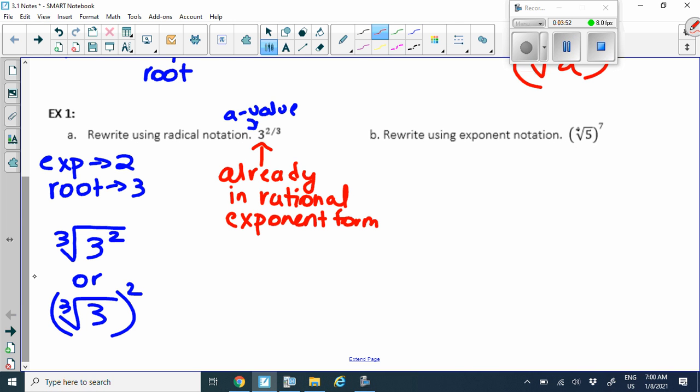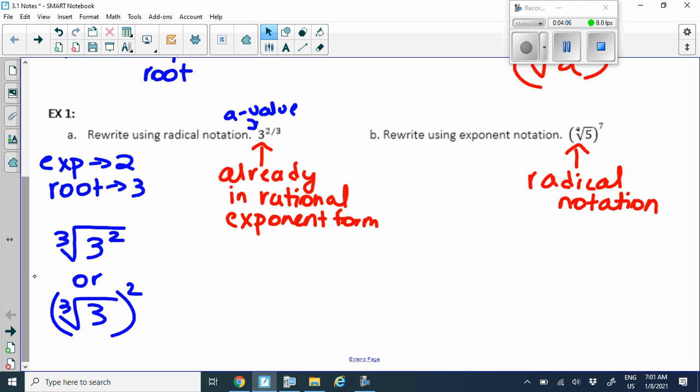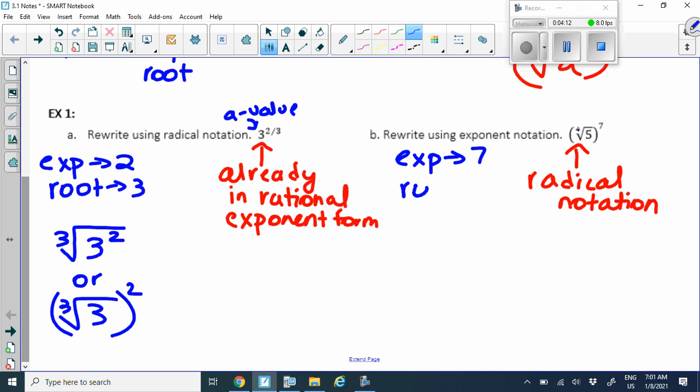Okay, let's go ahead and do part B. Because it says rewrite using exponent or rational exponent notation, notice we are in radical notation. So once again, we need to identify the root and the exponent. We can definitely tell the exponent is 7, and our root, because that's on the radical, is going to be the 4.